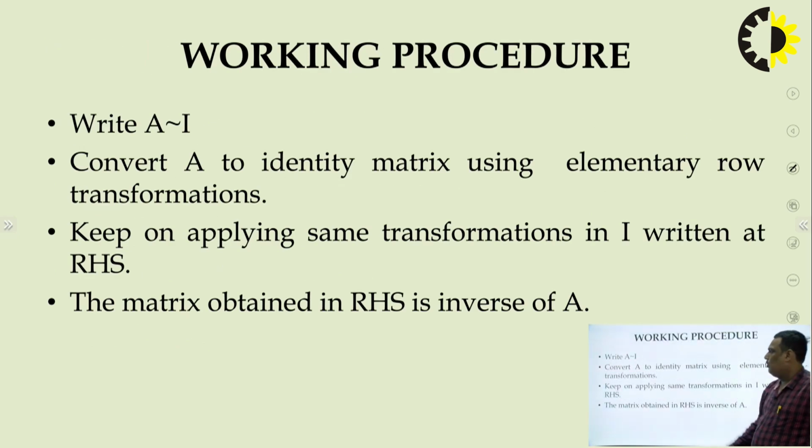Write A equal to IA. Convert A to the identity matrix using elementary row transformations. Keep on applying the same transformations to I on the right hand side. Why?